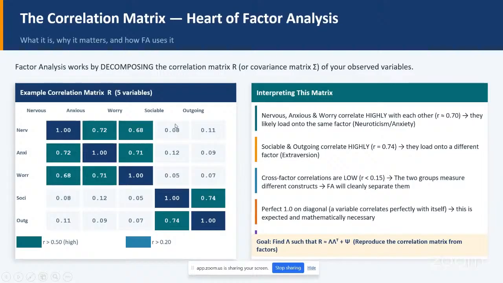And those less than 0.15 have very low correlation, so we can't group them up. Is it clear to everyone? Any questions?